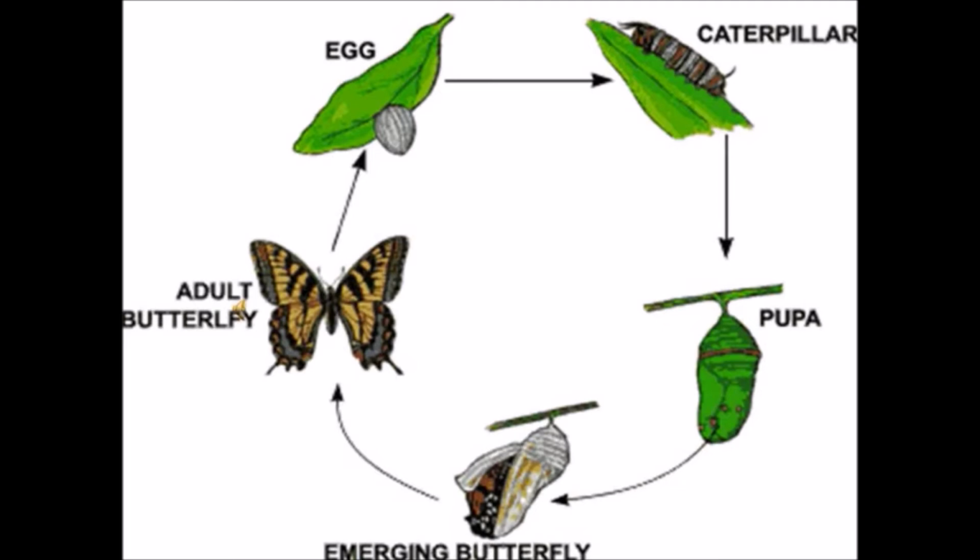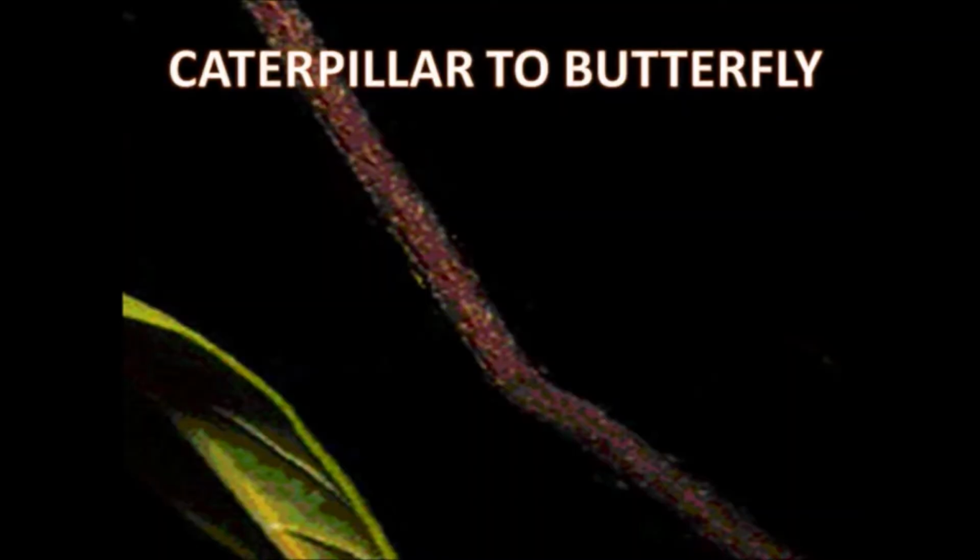From the caterpillar stage it forms a pupa. And the pupa gets broken and a butterfly emerges out of the pupa, an adult butterfly, a colorful butterfly comes out. Just observe how a caterpillar becomes a butterfly.